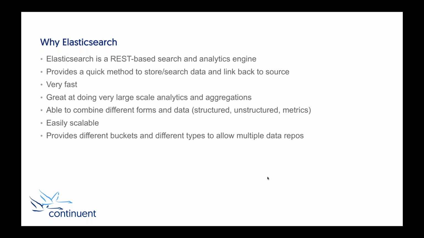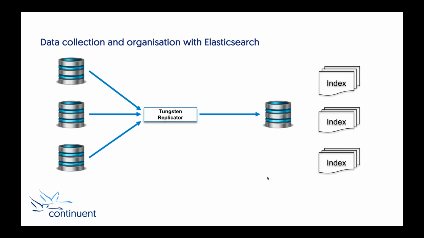Now, if you think about that in the context of how we would ultimately use it within a replication environment, you can consider a number of different use cases where you want to combine information. You could be combining multiple source databases and writing that out into the indexes within Elasticsearch.